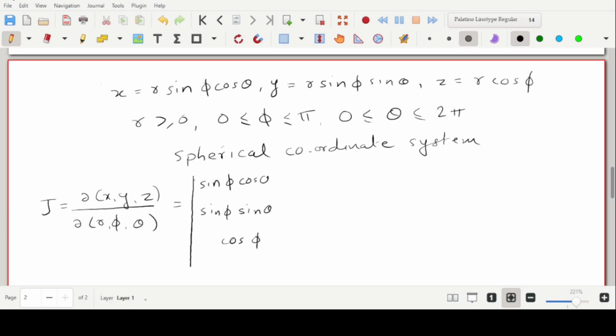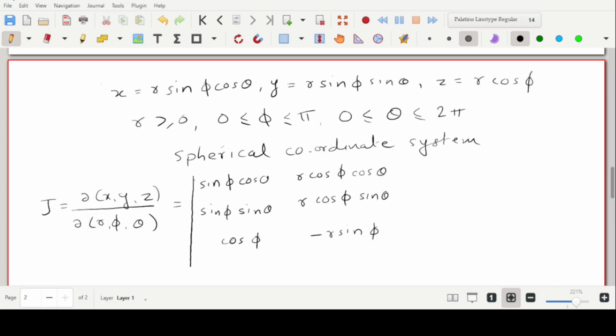Del x over del phi is r cos phi cos theta, del y over del phi is r cos phi sin theta, and del z over del phi is negative r sin phi.